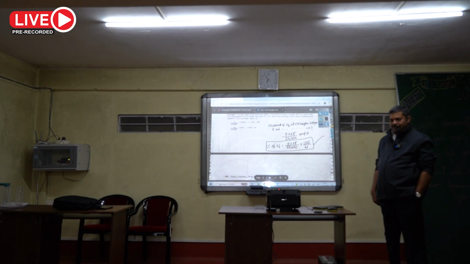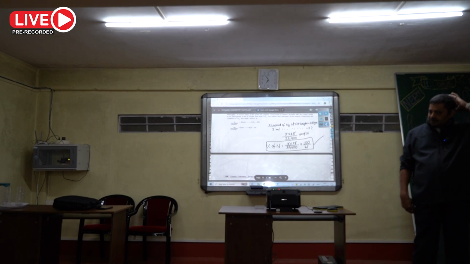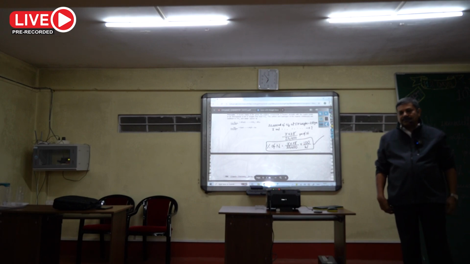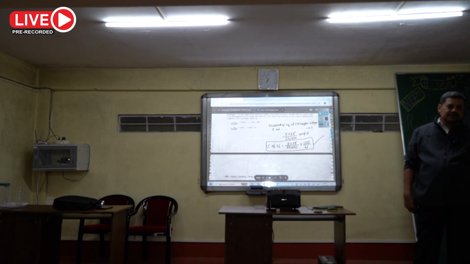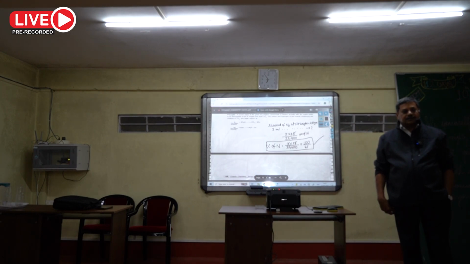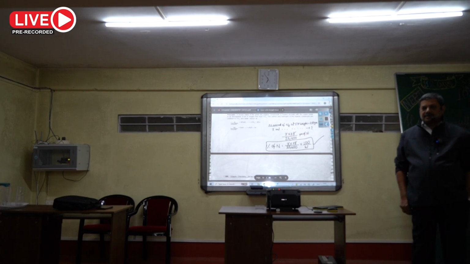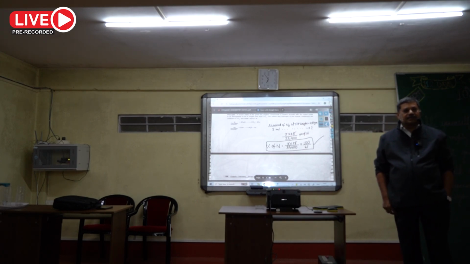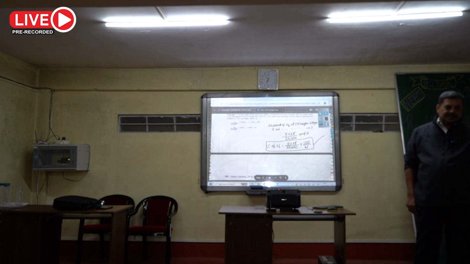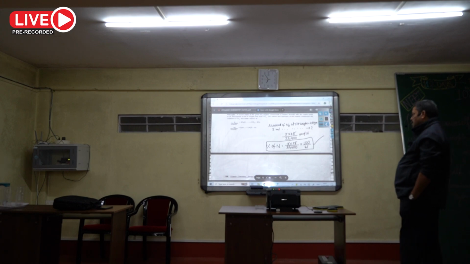Now we are going for Kjeldahl's method. In Kjeldahl's method, the first point, the given weight of organic sample, within brackets W grams, is heated with concentrated sulfuric acid.